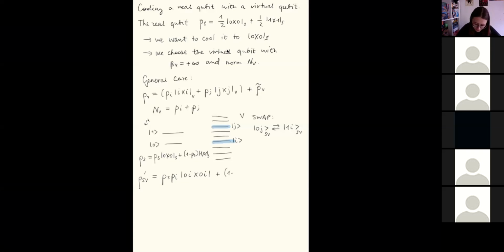And so here we end up with a population (1 minus p_S) p_i for the state |0j><0j|, plus the second, which is p_S p_j for the state |1i><1i|, plus nothing changes for the state |1j>, plus this additional residue from the rest of the subspaces of a larger system, so rho_S tensor product rho_V tilde.